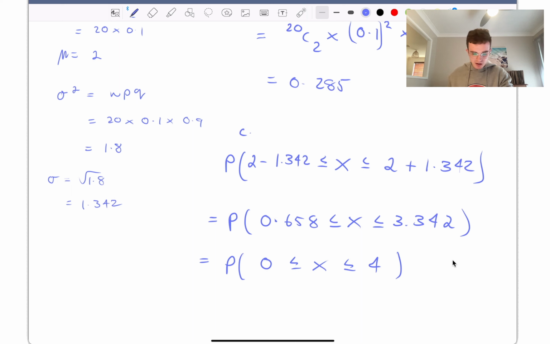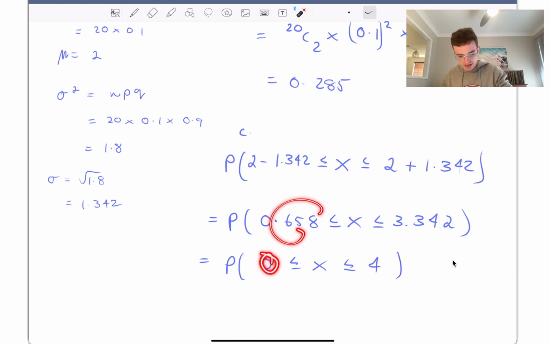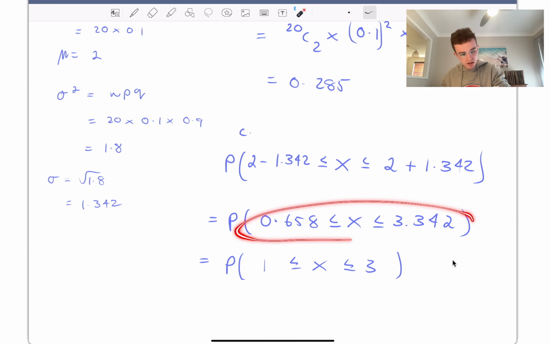Let's say we chose that instead. Well, we can't actually choose that, even though they are integer values close to those decimals. 0 and 4 are no longer within these bounds. 0 is less than this bound, and 4 is larger than this bound. So you have to choose integer values that lie within the bound. So 1 and 3 do lie within this bound.